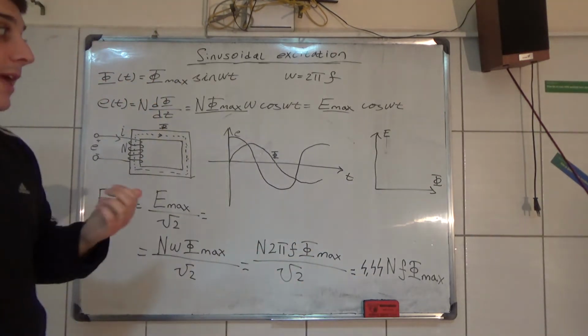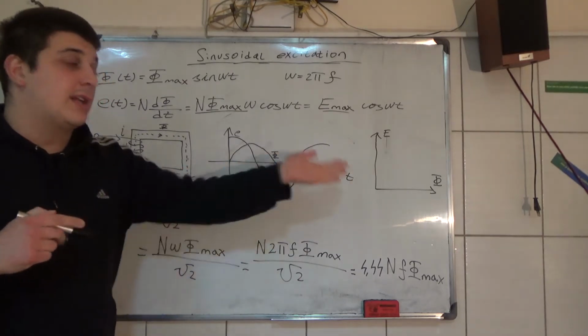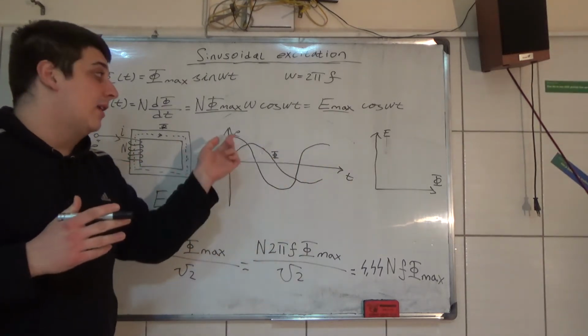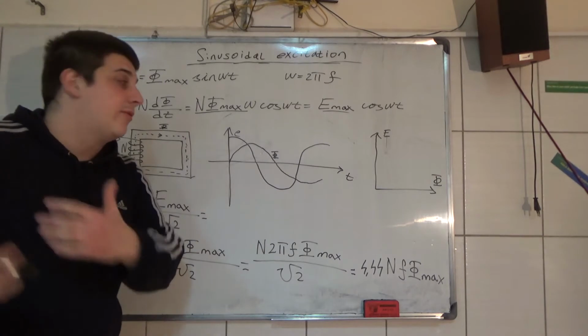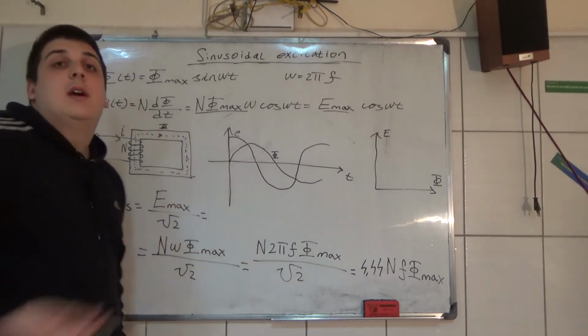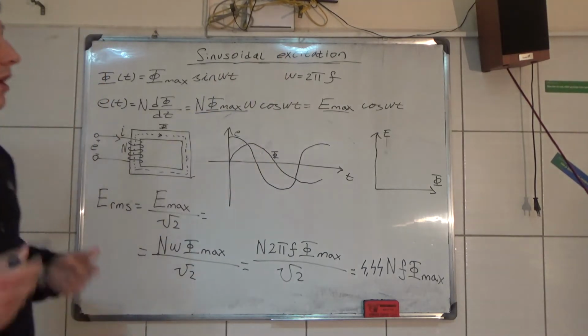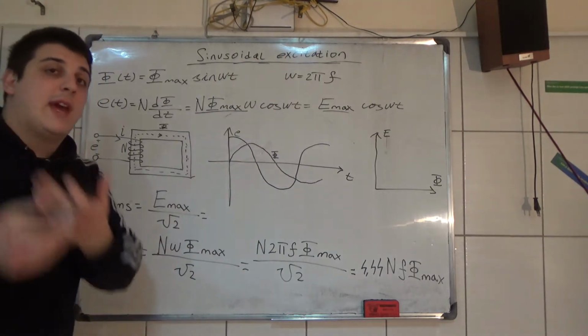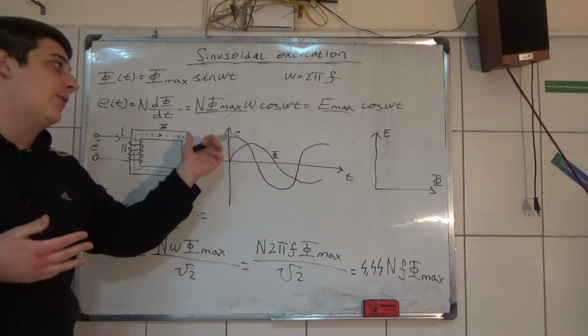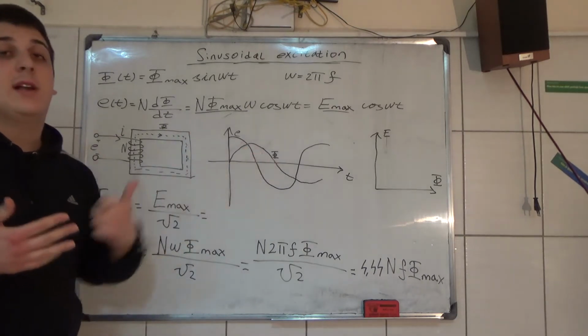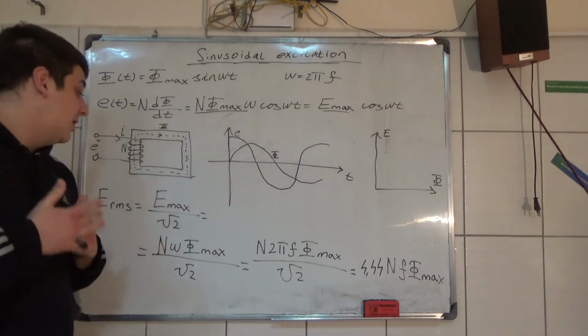So the flux is lagging behind the induced EMF in magnetic circuits with sinusoidal excitation. Now, I think you get the point with this induced EMF and flux, and this is very important to know.